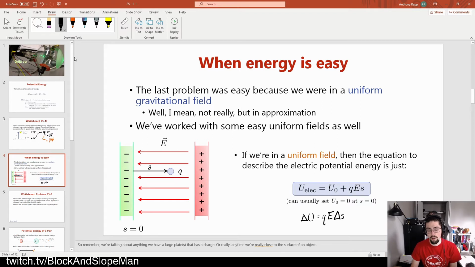Because remember, in all of these points, when we call the ground zero potential energy, when we're talking about gravity, that's kind of an arbitrary thing. What we call zero doesn't really matter. The change is the most important part. In the exact same way, this U naught, whatever we call zero, is kind of arbitrary. It doesn't really matter. The QES is probably the most important part about this.